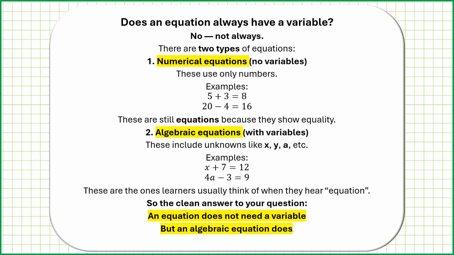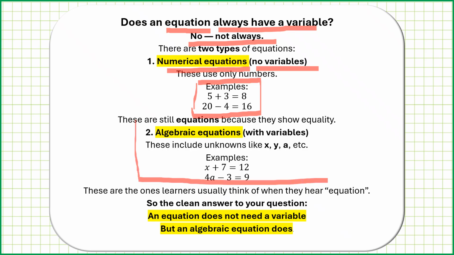Does an equation always have a variable? No, because you get numerical equations with no variables, for example x, y, z. There are numerical equations, and you get algebraic equations. So numerical equations do not have variables. Algebraic equations do have variables, but they're both equations.